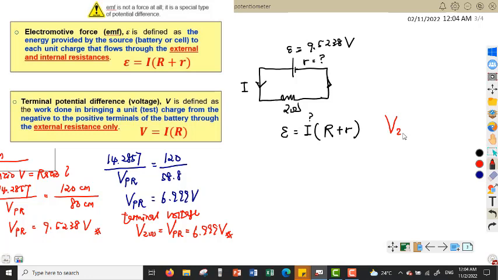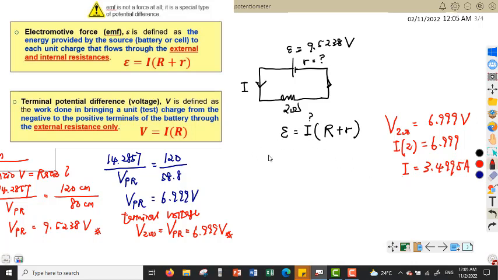The voltage across the 2 ohm resistor is 6.999 volt, which must be I multiplied by 2. So we will get the current as 3.4995 ampere.